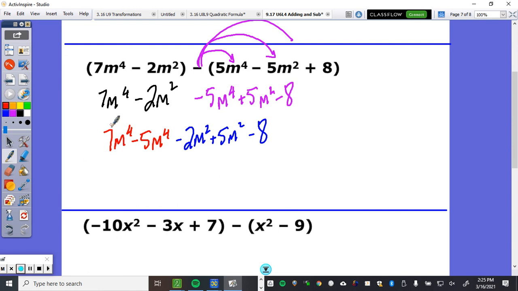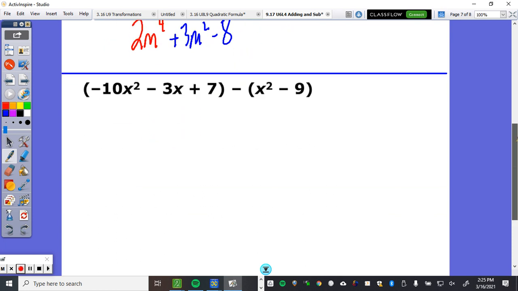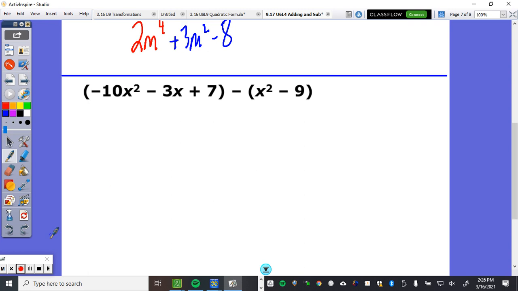So 7m to the fourth minus 5m to the fourth is 2m to the fourth. Negative 2 plus 5 is 3m squared, and then we have the minus 8. You guys do the next one. Distribute the negative, and then combine like terms.